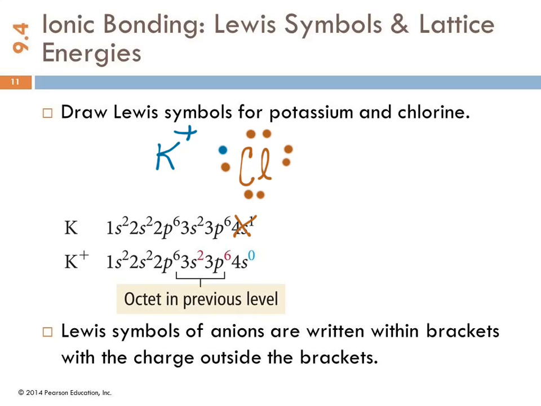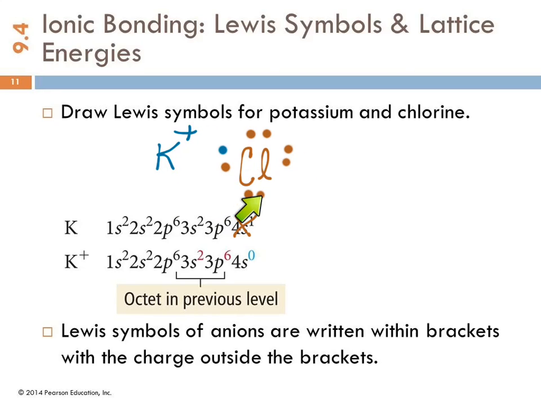We don't draw all those dots in the Lewis structures when we form a cation. We understand that underneath there is a full shell. And so if the metal gets rid of all of its valence electrons and we show it, it looks kind of naked there with no dots, but it's fine. Underneath it has a full suit of clothing.